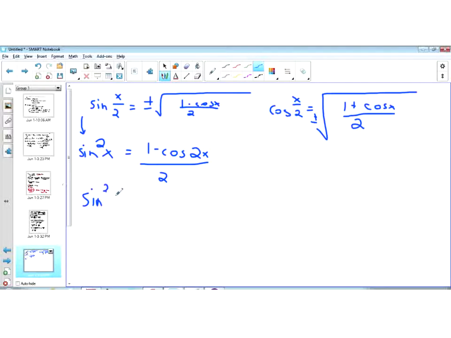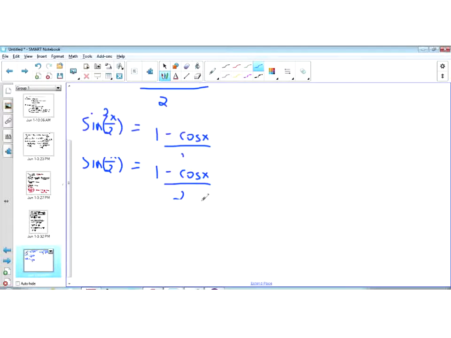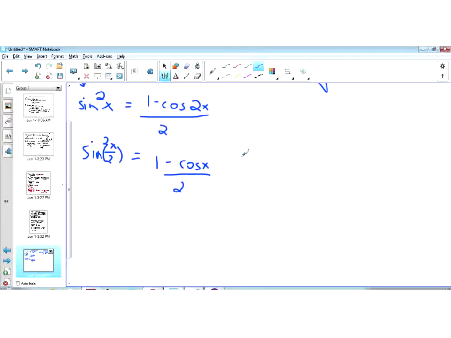We just replace x with x over 2. That would be 1 minus cosine x over 2. And then we take the square root of both sides, so that implies that the sine of x over 2 is equal to plus or minus the square root of 1 minus cosine x over 2.